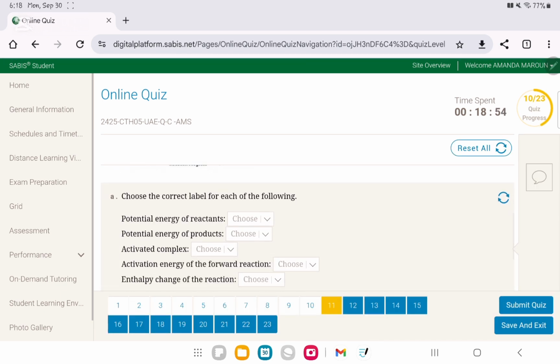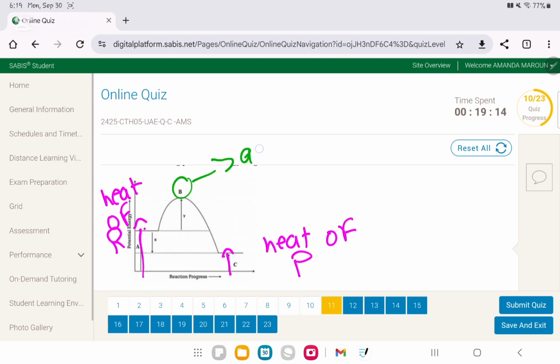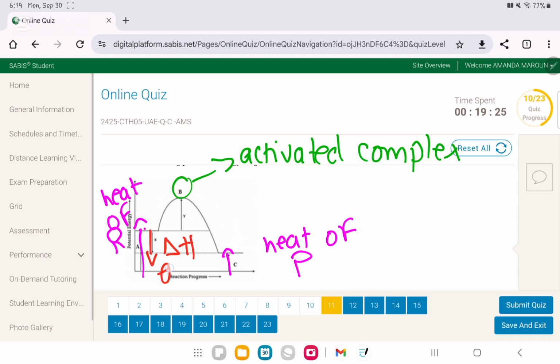Question number 11. In this graph, just look at this graph. We have A, this is the heat of reactants. Then we have C, this is the heat of products. Then look very carefully. We have B, it's the activated complex. And then what happens? We have X, it is delta H or the enthalpy change. And finally, we have what? Y, which is the forward reaction.